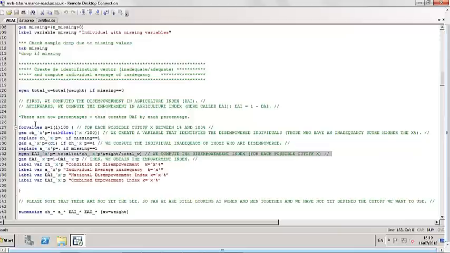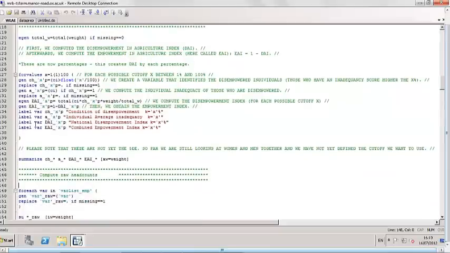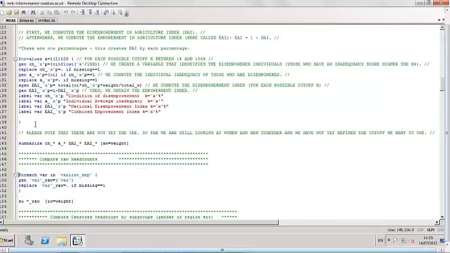We compute the disempowerment index, the disempowerment in agriculture index for the country, for a full sample of men and women. By difference, we get the empowerment in agriculture index for the country. We compute the raw head counts at the country level.